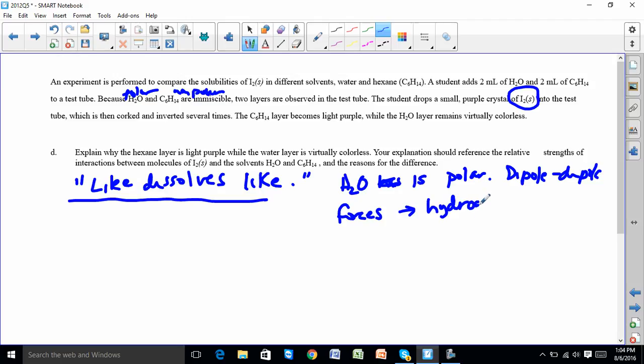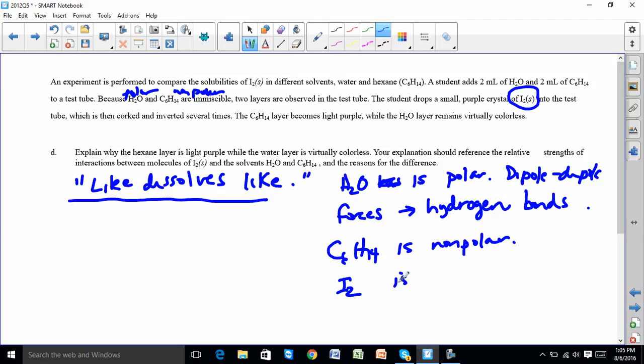Remember, hydrogen bonding is when hydrogen connects directly to oxygen, nitrogen, and fluorine. It has especially strong dipole forces called hydrogen bonds. Whereas C6H14, because it has symmetry, is nonpolar. And then I2 is nonpolar.